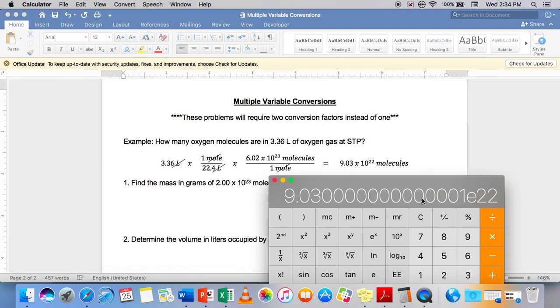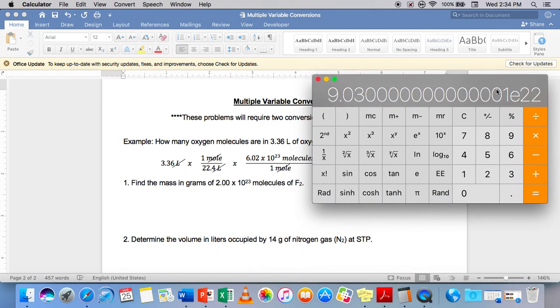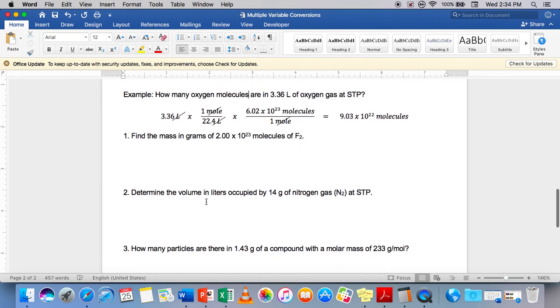You do not have to list all of these zeros. 2 decimal places is good enough. So 9.03 times 10 to the 22nd. Do not put E22. You have to put times 10 to the 22nd. So that answer checks out. Why don't we do the first one together?